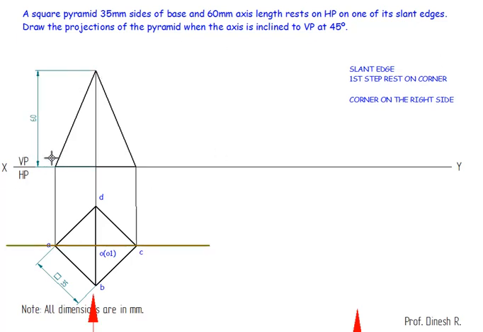When I am going to see it from here, I will be able to see this A dash is seen, this point B dash is seen, but D dash is not seen, C dash is seen, this is O dash, O1 dash is not seen. Now the nearest point for the observer is B. So the line joining B must be drawn in thick lines.